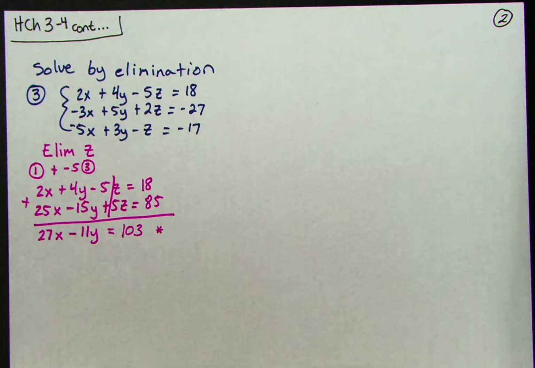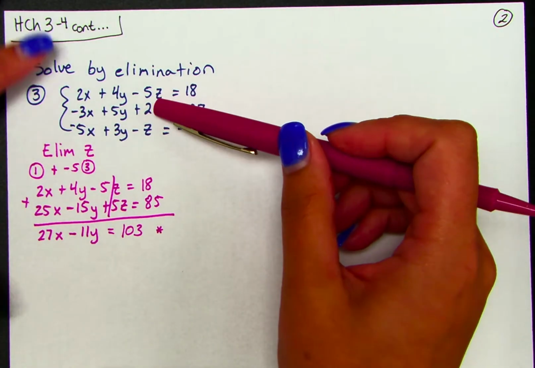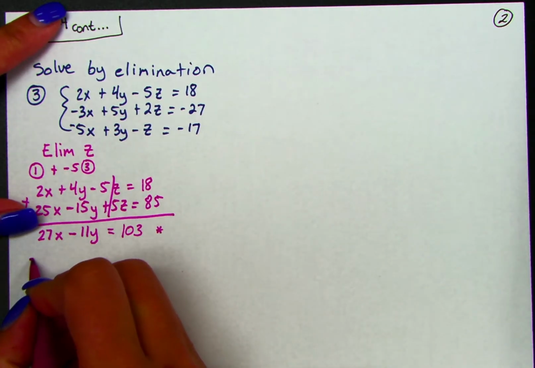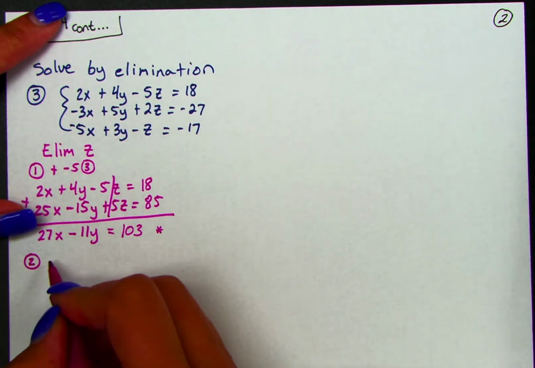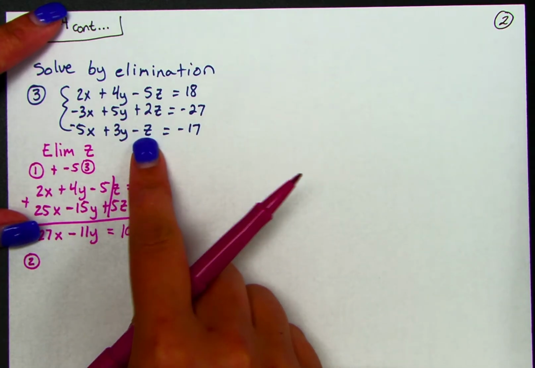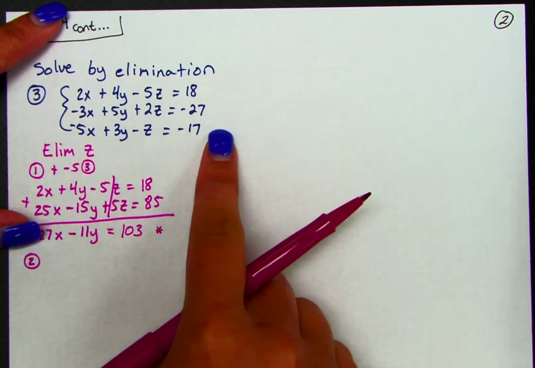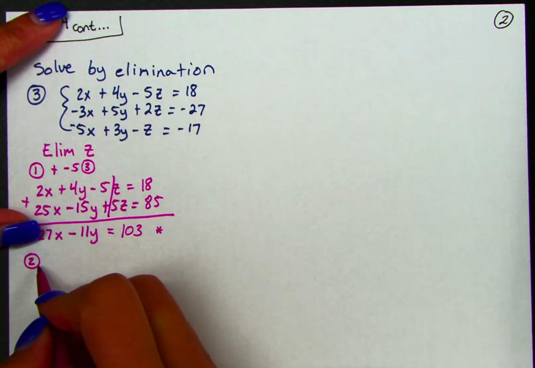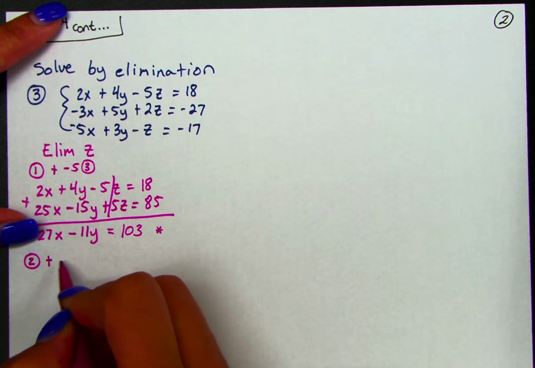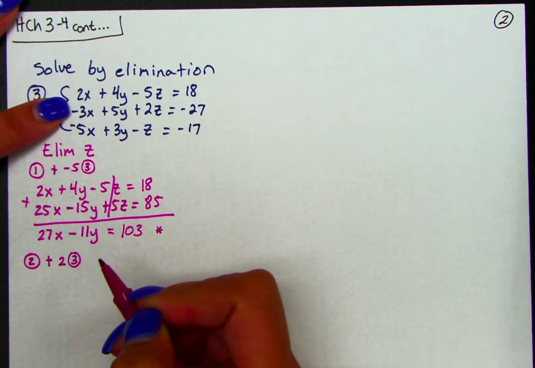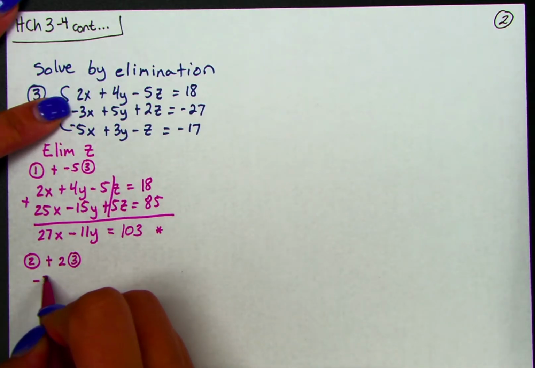So this time I'm going to choose to use the second and third equation. So that second equation I'm not going to change. Okay. And then to get it to cancel out, this needs to be a negative 2. So I'm going to multiply everything in that third equation by 2. So I'm going to take equation 2 and I'm going to add it to 2 times equation 3. So I'm just rewriting the second equation to start.